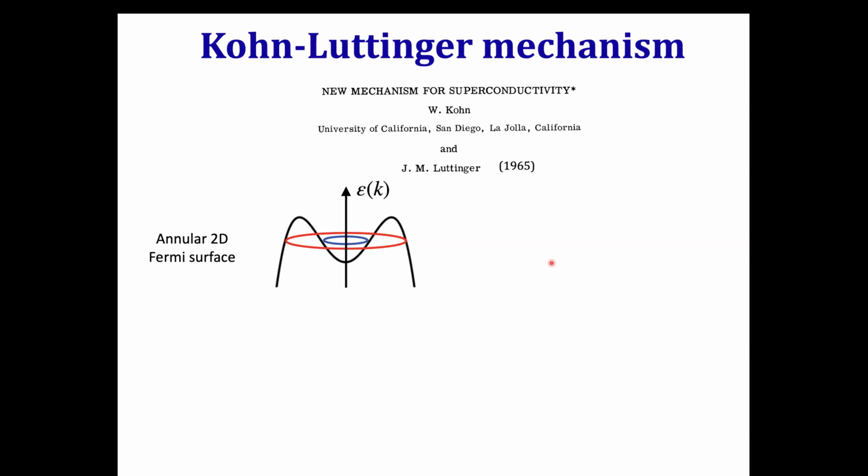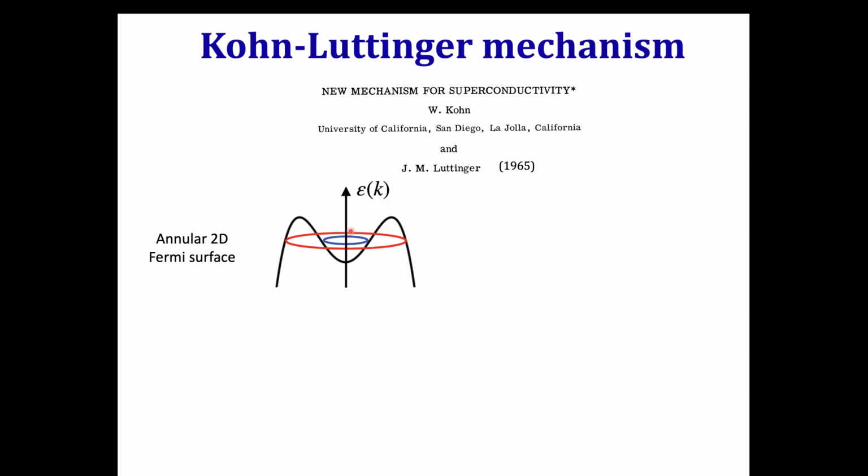We've done some calculations along these lines, so let me describe briefly what the calculations are. Interestingly, in ABC graphene, the superconductivity, both SC1 and SC2, occurs in this regime where the Fermi surface has these two components. It's an inverted Mexican hat type dispersion. So there's an outer Fermi surface of holes, an inner Fermi surface of electrons.